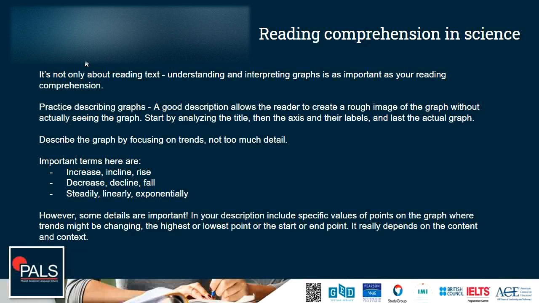So all these terms are very helpful in describing trends in a graph. However, I said earlier, don't focus on details, but details can actually be very important, but only specific, important details, not unimportant details on the graph. And this takes some practice.